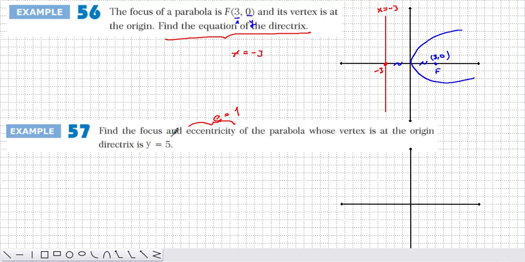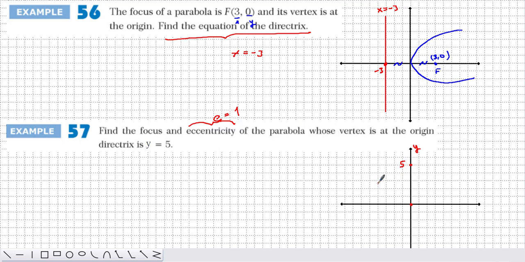Okay, find the focus point. The parabola has its vertex at the origin, and the directrix is y equals 5. So I need to find the focus. Here is 1, 2, 3, 4, and 5 on the y-axis, and the point 5 is here.